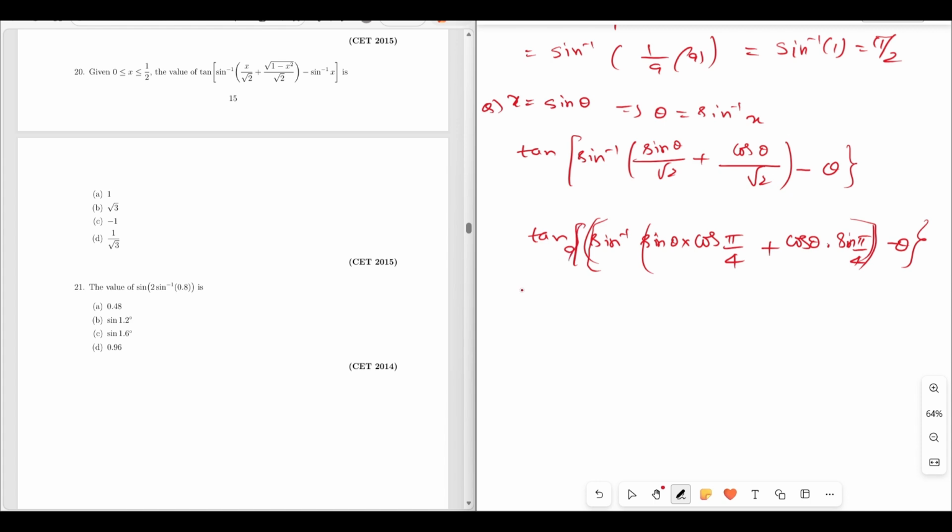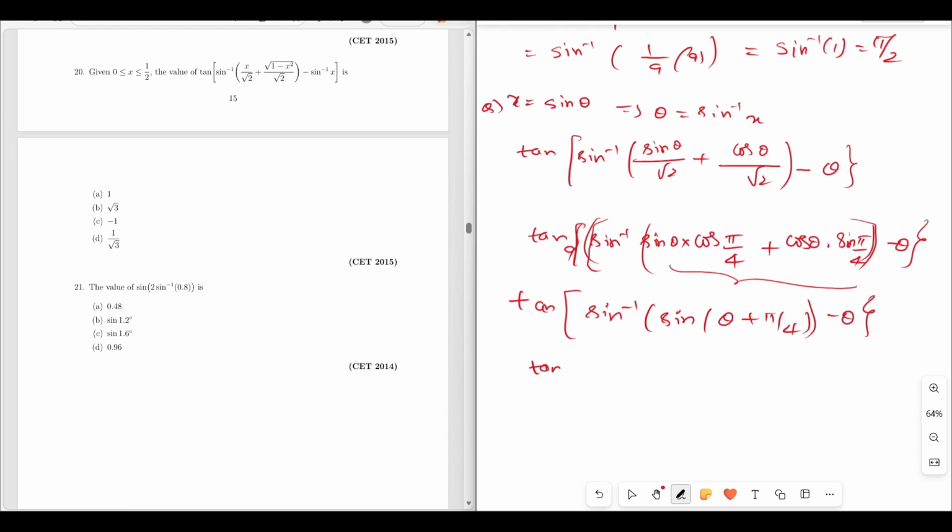Okay, so now tan of sine inverse sin x cos y plus cos x sin y. What is the formula for sin x cos y plus cos x sin y? We know that it is sin of x plus y, isn't it? So sin of x plus y minus theta.